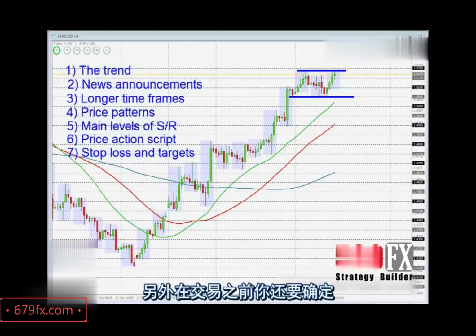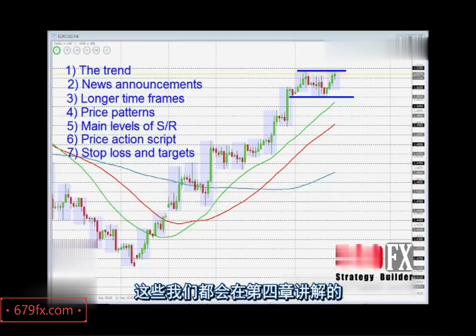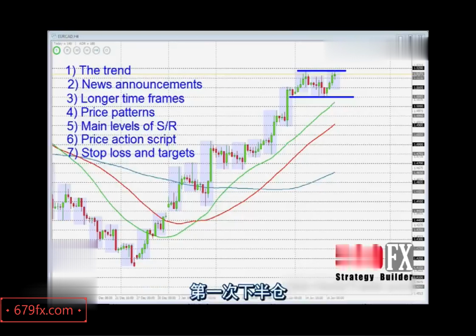Also, you want to already know before pulling the trigger whether you're going to be exiting the whole position at once, or whether you are going to be exiting in two levels. As I said in chapter number 4, on occasions I set a two-step exit. I take half of my position at one level, and bank half of my lot size there, and I let the second portion of the trade run to a second target placed farther up.